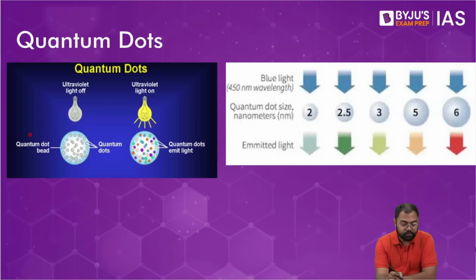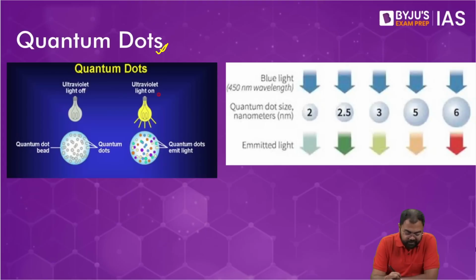Now coming to quantum dots. Quantum dots are a very unique material, nanoparticles which show very good optical properties. What kind of optical properties?